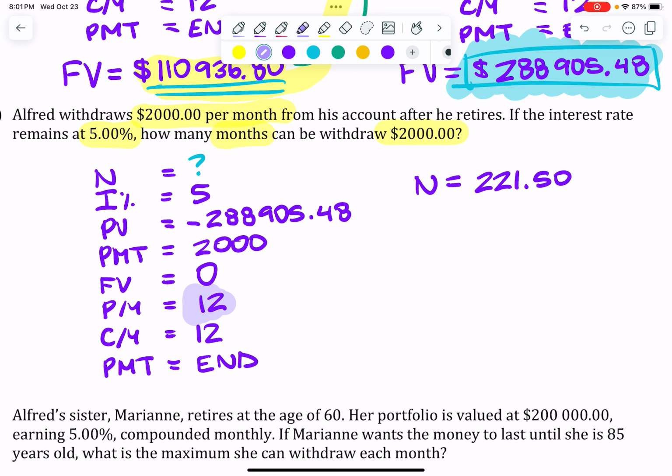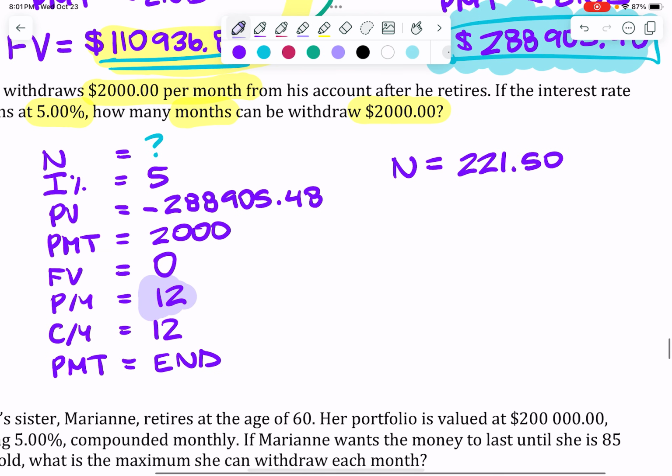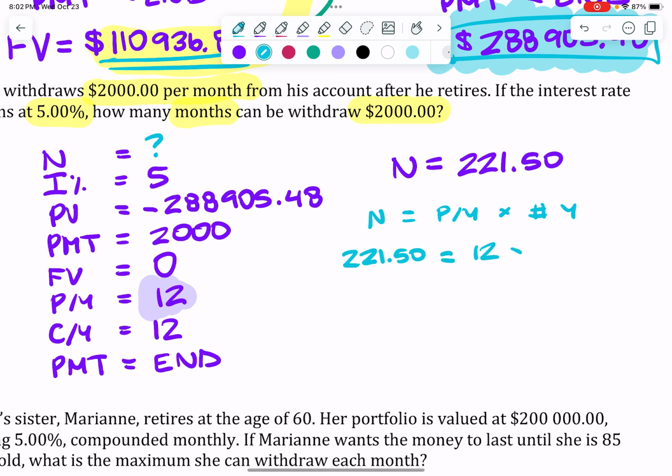Now, you might know this, and you might not, but let's just pretend we didn't know this. And I'm like, okay, I got N is this. Well, I know that N is payments per year times the number of years, which means I could plug in the values I know to get the number of years.